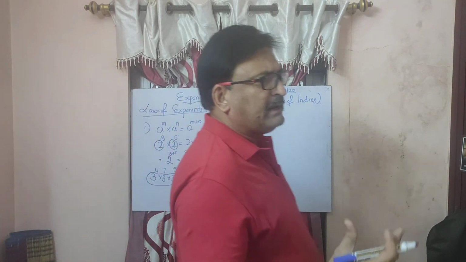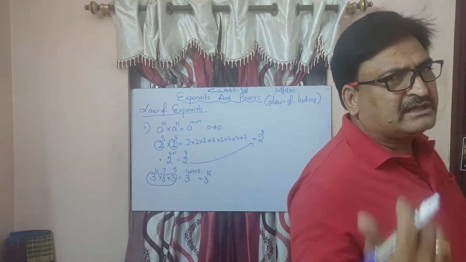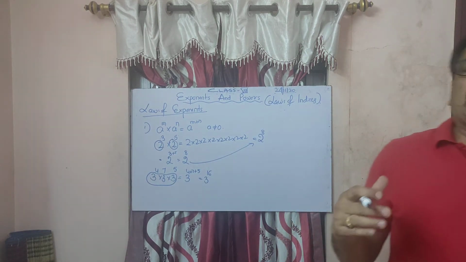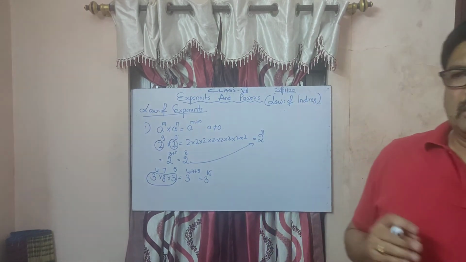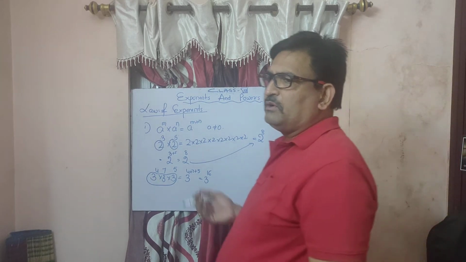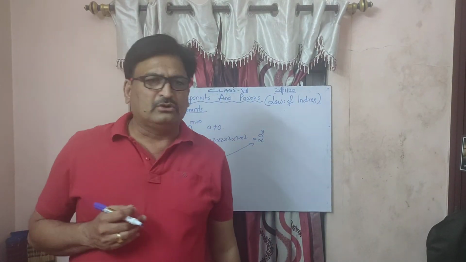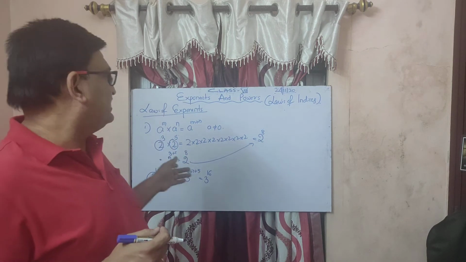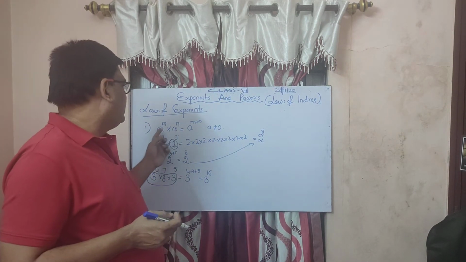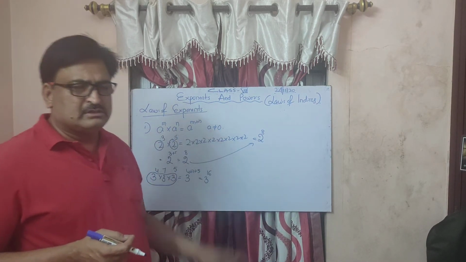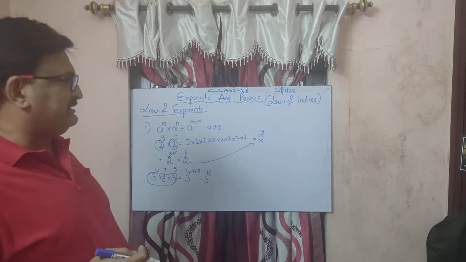If 0 is multiplied 100 times, what is the answer? 0. If 0 is multiplied 10 times, what is the answer? 0. If 0 is multiplied 5 times, what is the answer? 0. So what is the condition here? The base cannot be equal to 0.